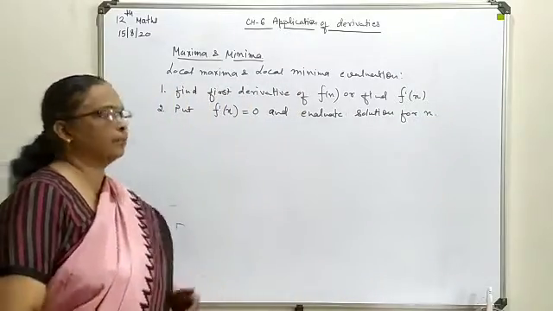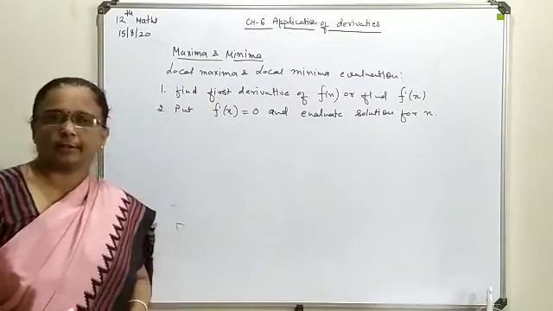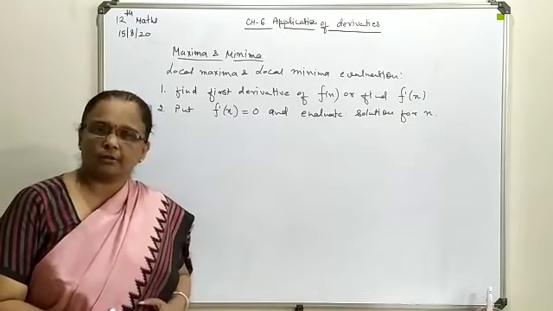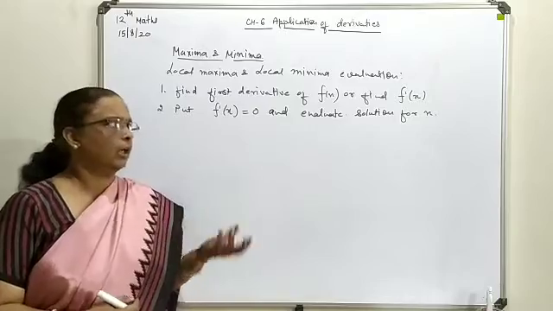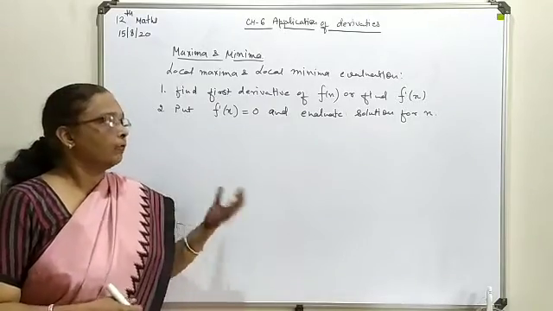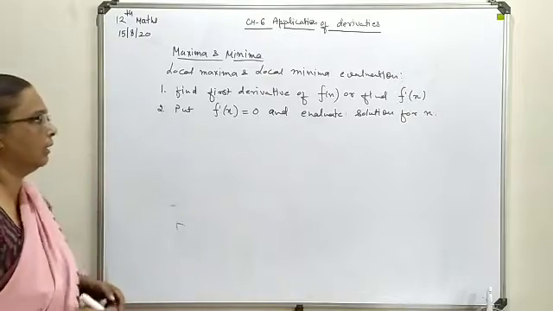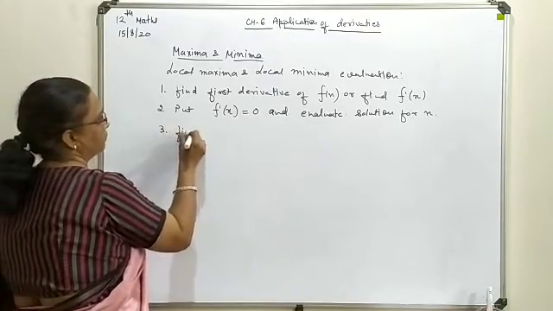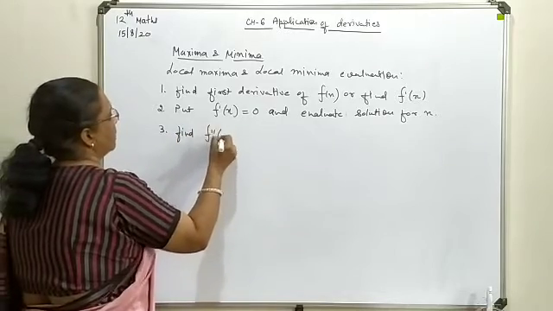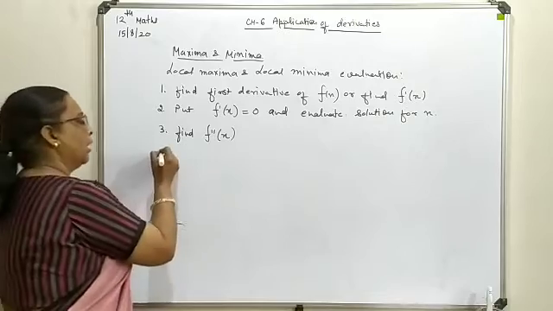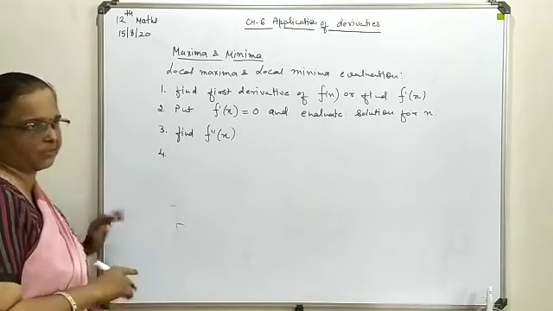Here it may be possible that you evaluate a single answer regarding the x, and it may be possible that more than one solution you are having. So how many solutions you are having, that keep in your hand for further evaluation. Third is find second derivative f double dash x. Fourth step, that is a main step.